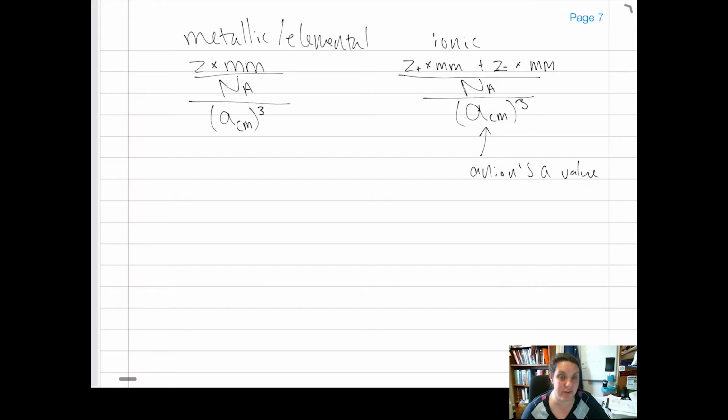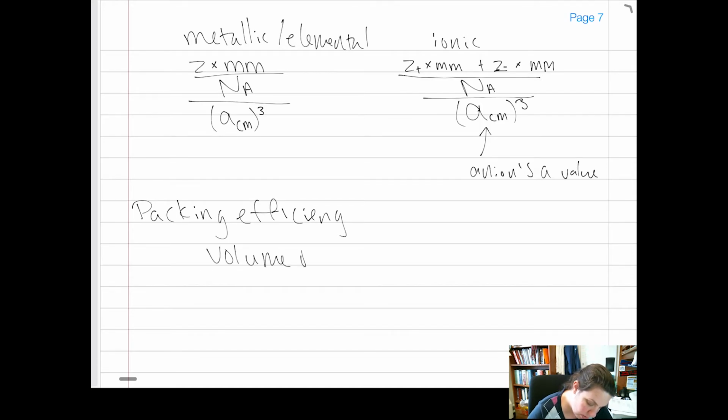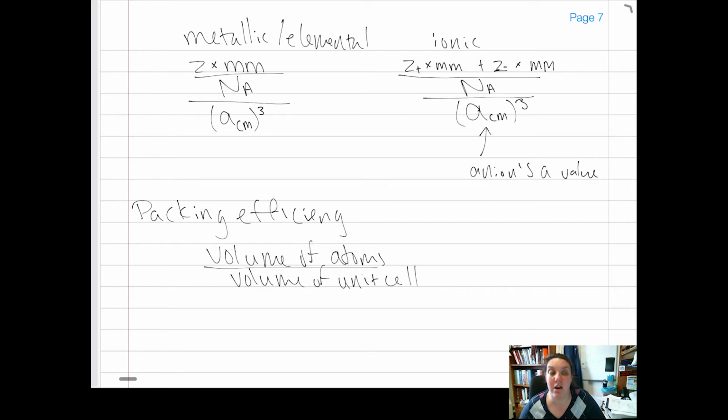You can also look at packing efficiency. Packing efficiency is going to be volume of your atoms divided by the volume of your unit cell. And it doesn't matter what unit you use for R as long as you keep consistent between your two.